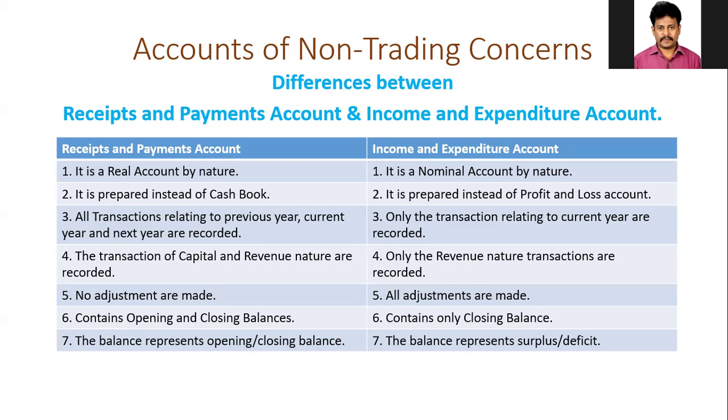So these are the main differences between receipts and payments account and income and expenditure account. So care must be taken while preparing these two accounts. First, receipts and payments account is prepared, and then income and expenditure account is prepared. Finally, a balance sheet is prepared in order to estimate the real financial position of the enterprise.